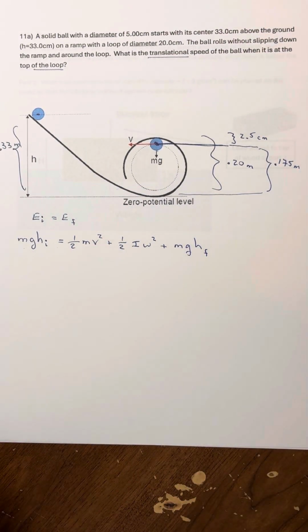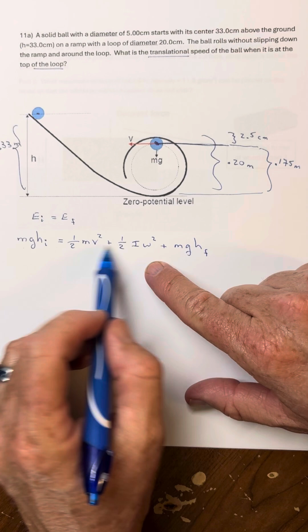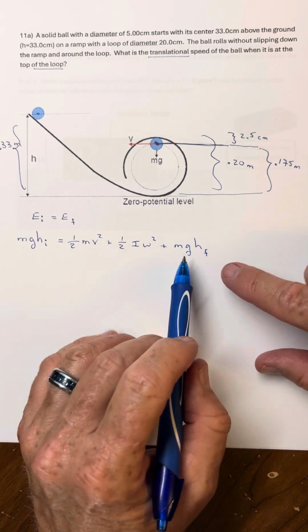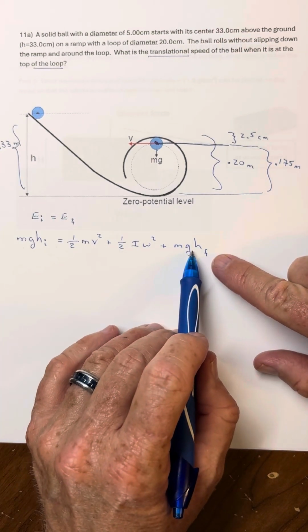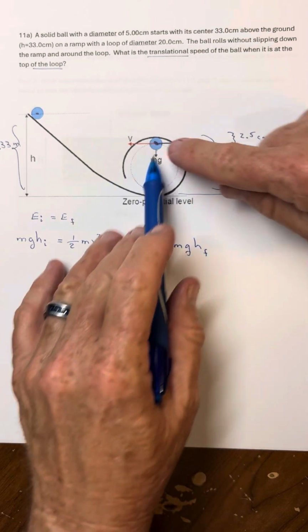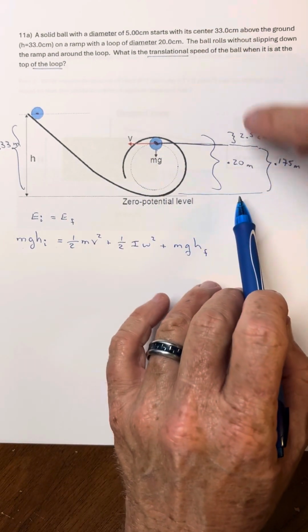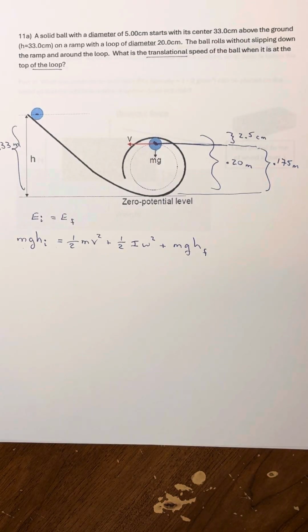So it has some gravitational potential energy. And that, hopefully, is what you did, that you included both kinetic and rotational, and you also included the potential that it has, including the fact that the center of mass isn't quite 20 centimeters up. It's only 17 and a half.